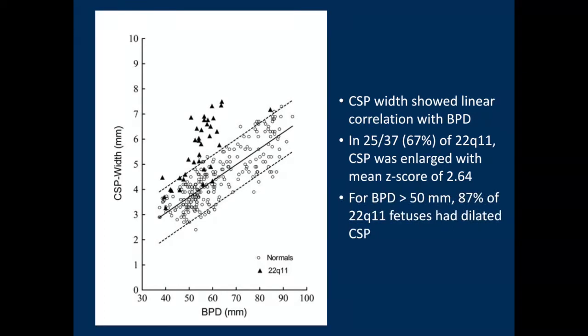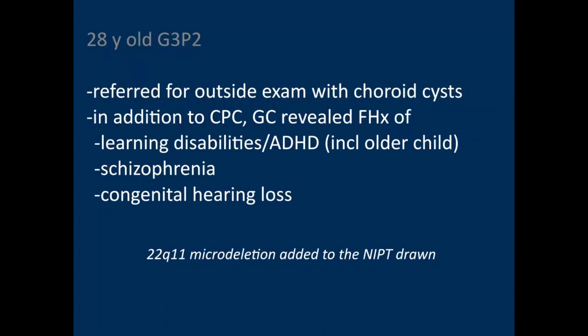But if you look at fetuses with a BPD of greater than 50 millimeters, which is roughly 20-21 weeks, 87% of affected fetuses will show a dilated CSP. So using a BPD cutoff of 50 millimeters, we see that this really segregates nicely between normals and abnormals and can be a helpful feature.